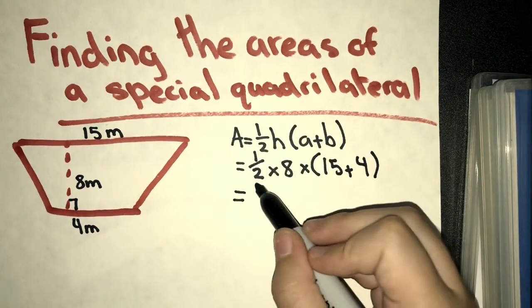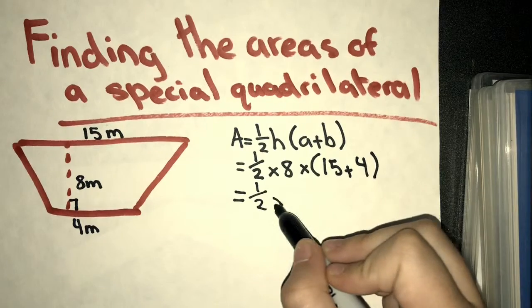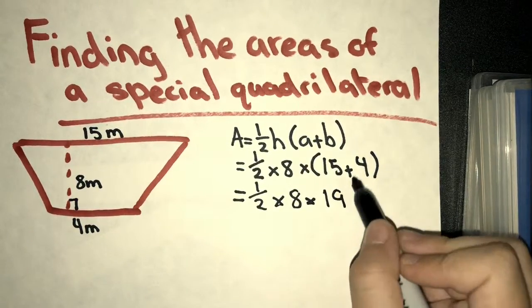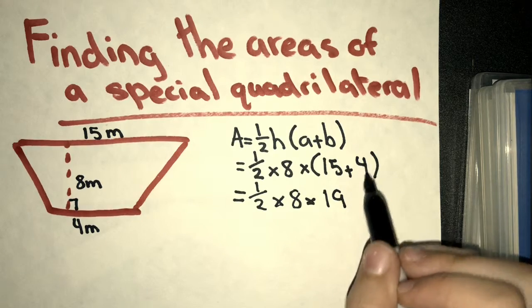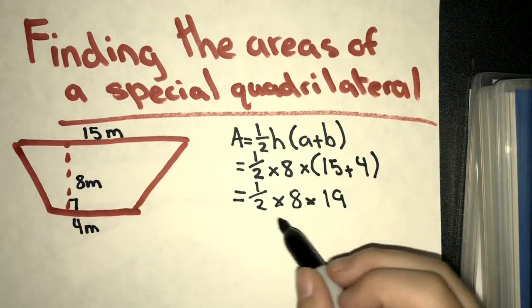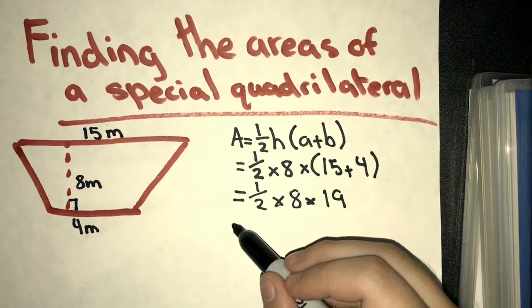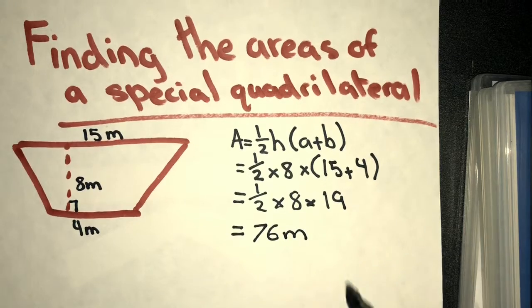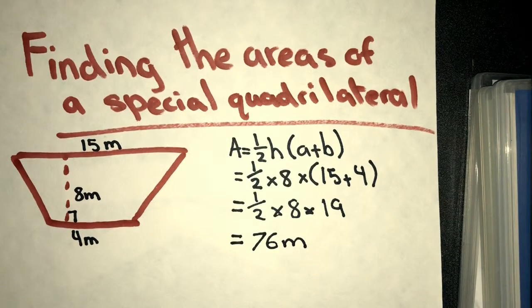This then equals half height times 8 times 19, because that's what 15 and 4 are together. And then when you times this together, that equals 76 meters. And that's how you find the area of a special quadrilateral.